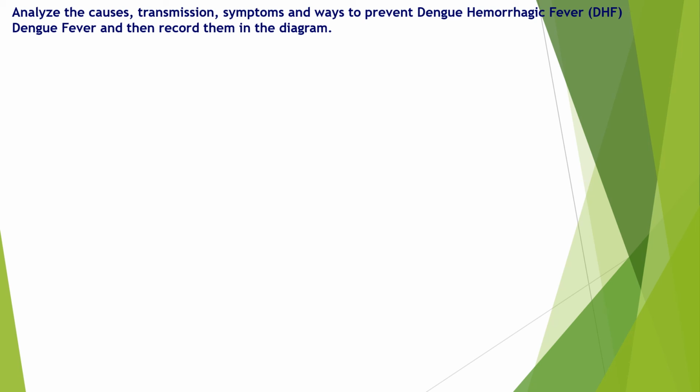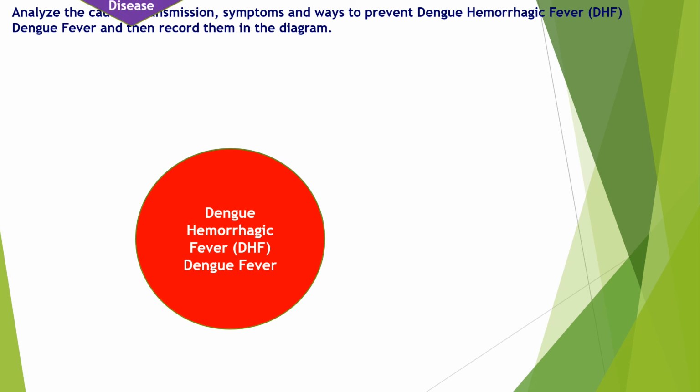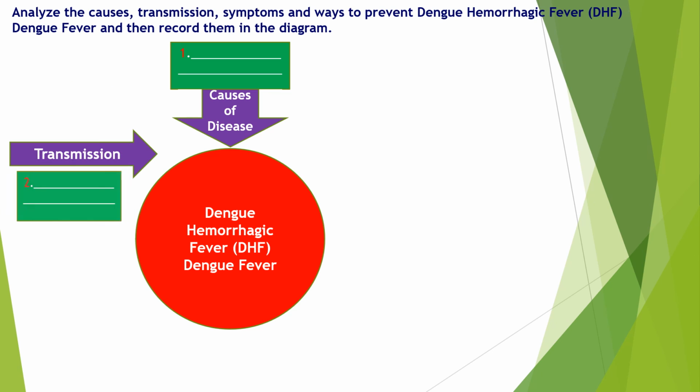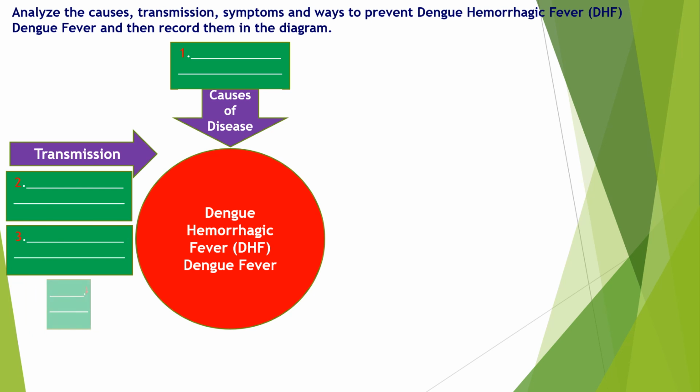Analyze the causes, transmission, symptoms, and ways to prevent dengue hemorrhagic fever, and then record them in the diagram. First, write the causes of dengue hemorrhagic fever. Second, transmission. Write the 4 steps of how dengue hemorrhagic fever is transmitted.